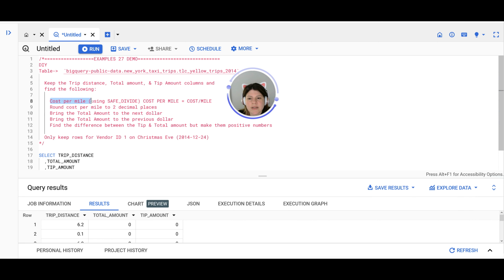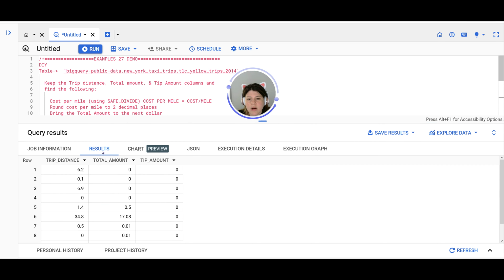So the first thing we want to do is find cost per mile. So cost per mile, our cost is going to be the total amount, and then the mile is going to be our trip distance. So if we divide our total amount 0 over 6.2, what will that give us? This might have broken your brain, and that's common.